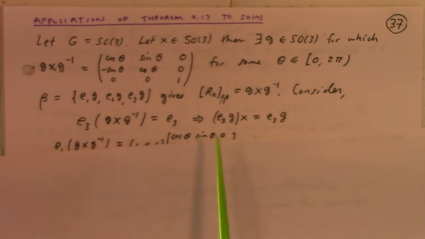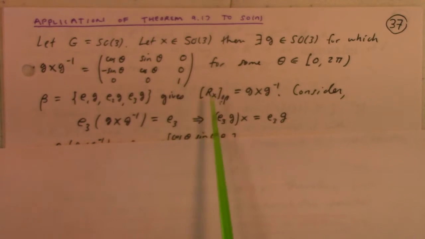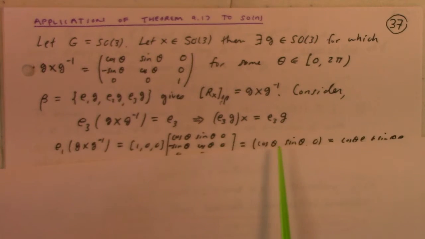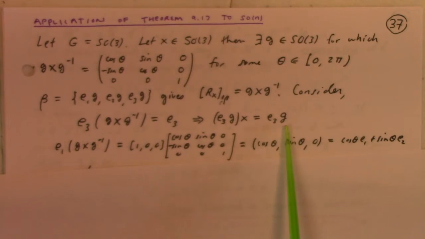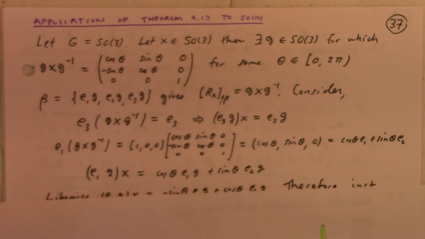Consider then if I take E3 times this, I get E3 again because E3 is fixed. So that tells me what? It tells me that E1 times Gx G inverse is this times that, which is cosine theta E1 plus sine theta E2. Alright, so there's E1G acting on X.